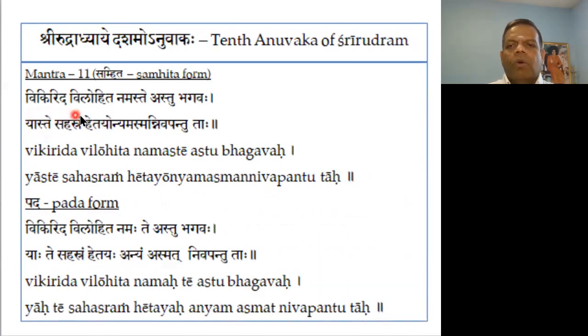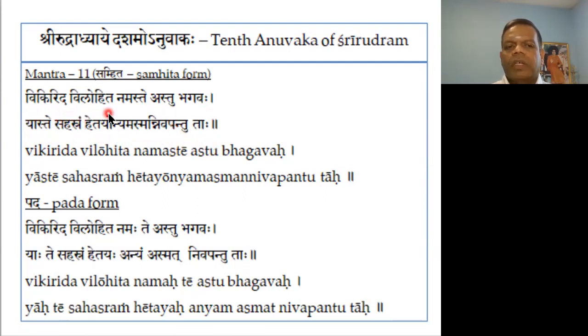Vikirida Vilohita Namaste Astu Bhagavaha Yaste Sahasram Hetayon Nyamasman Nivapantuta.